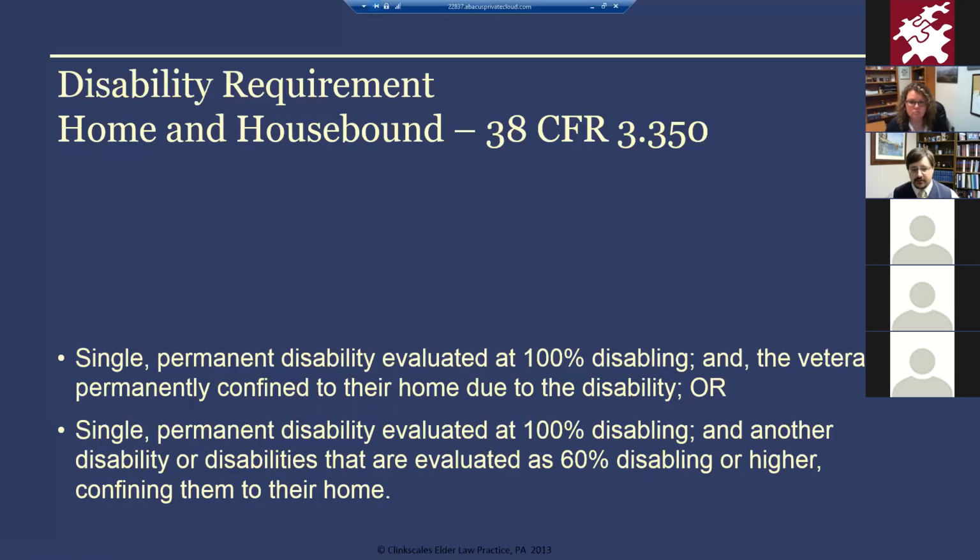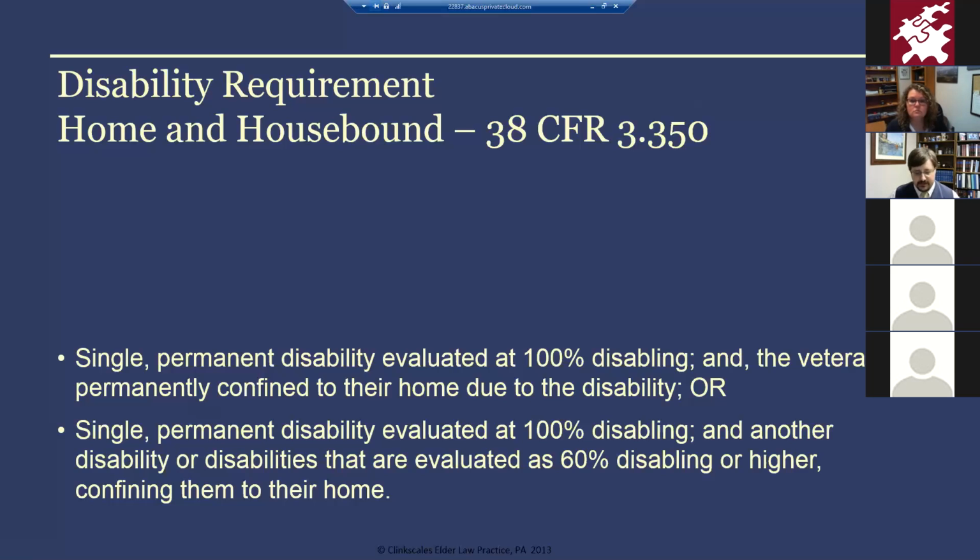So if they are single and have a single permanent disability evaluated 100% disabling, and the veteran is permanently confined to their home because of the disability, or if they have a single permanent disability evaluated 100% disabling, and they have another disability or disabilities that are evaluated 60% disabling or higher, that help confine them to their home, then they are eligible for home and housebound.